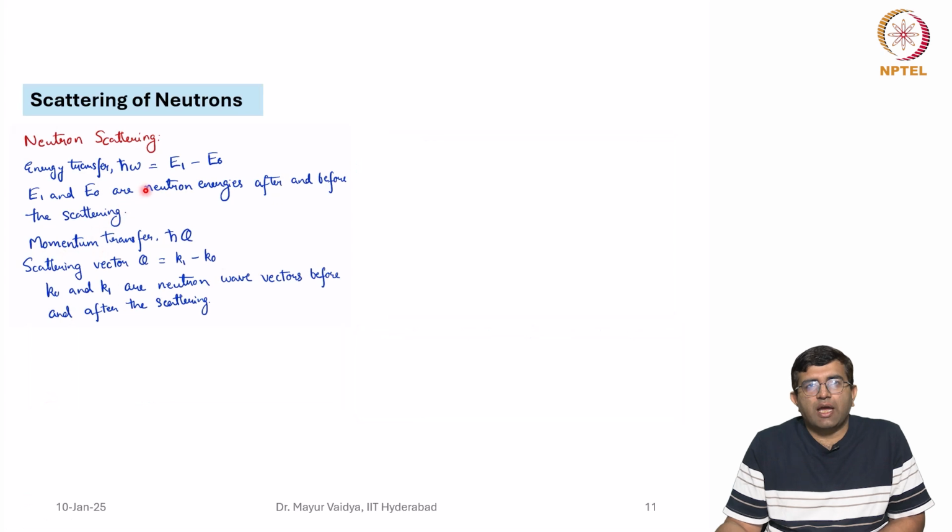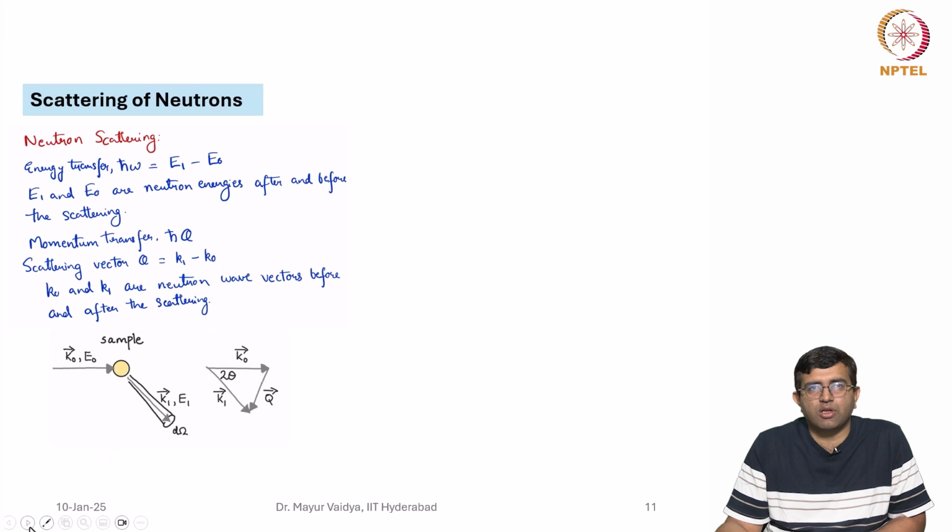During neutron scattering, there is an energy transfer which is given by h bar omega, equal to E1 minus E naught, where E1 and E naught are neutron energies after and before the scattering. The momentum transfer is h bar q, so the scattering vector q is equal to k1 minus k naught. Again, k1 and k naught are the neutron wave vectors after and before the scattering.